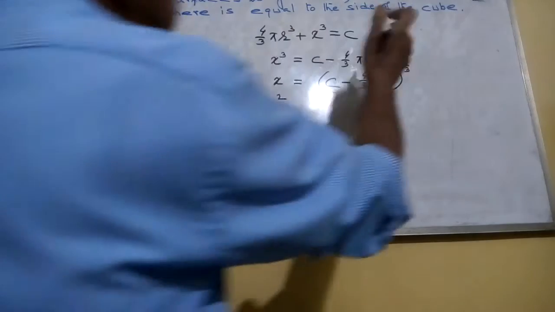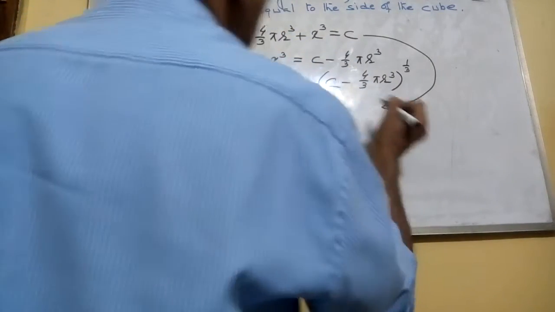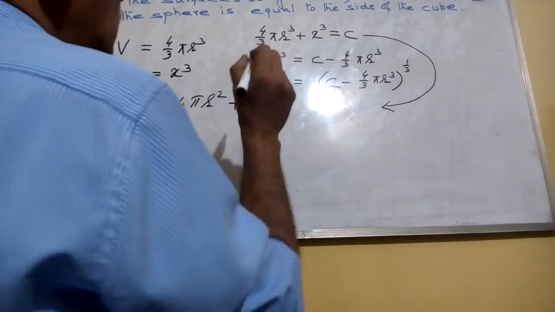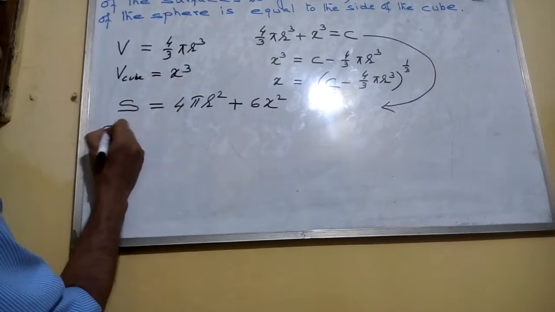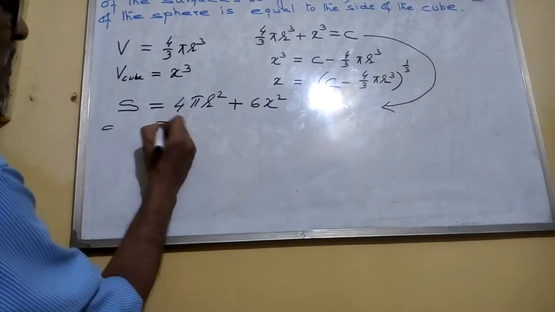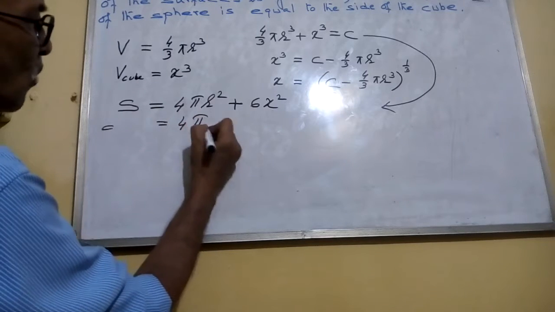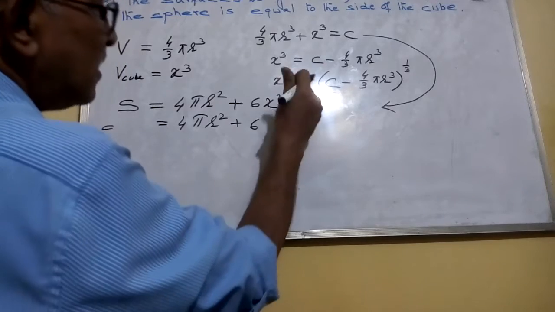From here, we can change this x. S = 4πr² + 6 (c − 4/3 πr³)^(2/3), instead of x.